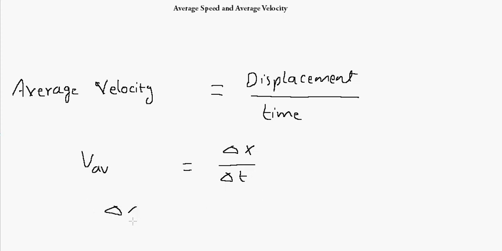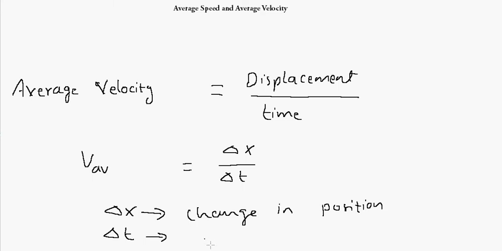Here the delta x describes the change in position. Change in position. And delta t describes the change in time.